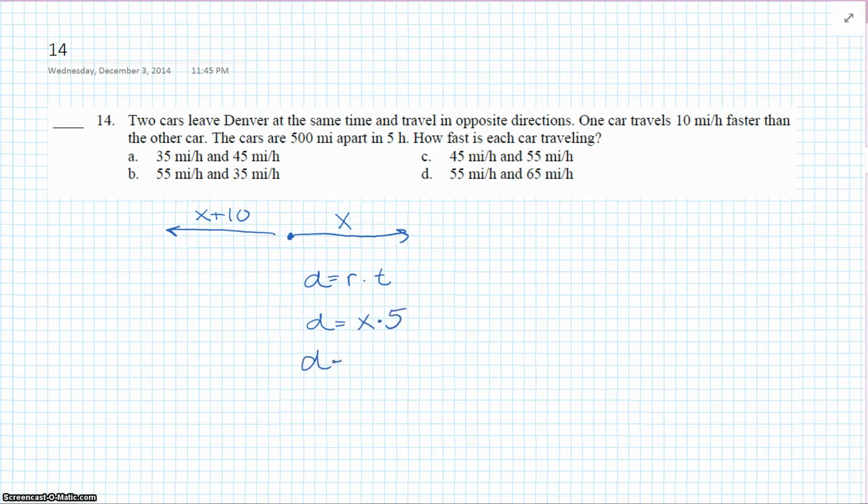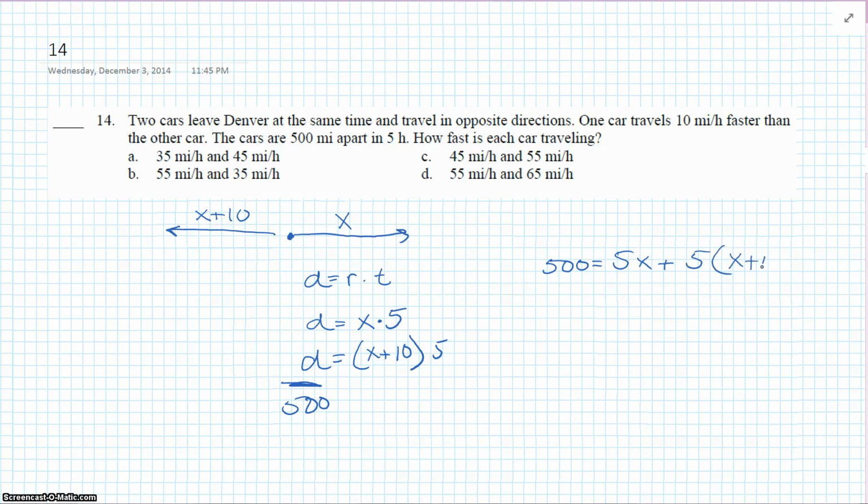The distance the other guy went was x plus 10 times 5. Does that kind of make sense? And the total distance when you add them together was 500 miles. So here's what I'd have. I'd have 500 miles equals 5x plus 5 times x plus 10.